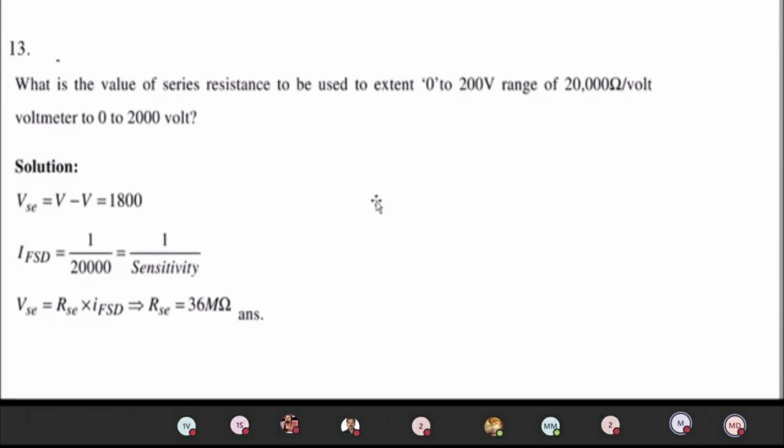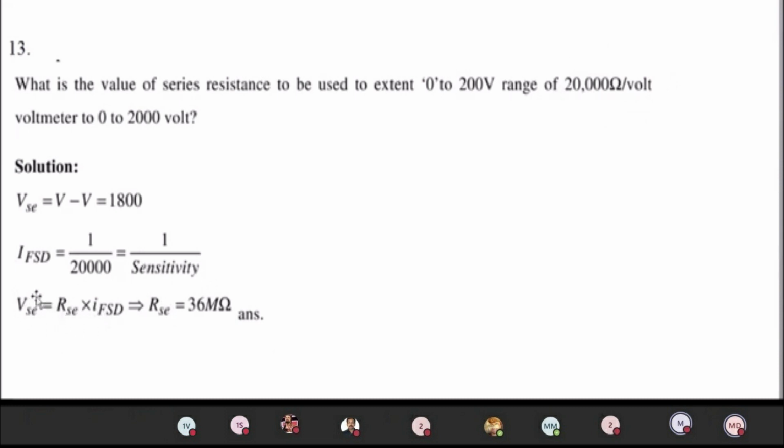And one more thing, we have the formula for full scale deflection current, which involves the sensitivity. Full scale deflection current is equal to 1 by sensitivity. The sensitivity has been given in the question as 20,000 ohms per volt. Just substitute, and finally we have the formula V equal to IR. So Vsc equal to Rsc into full scale deflection current.